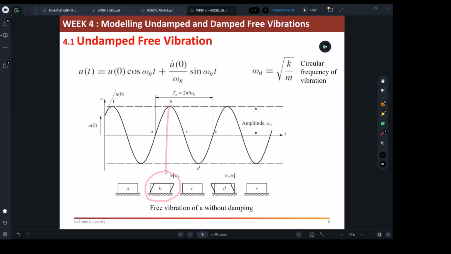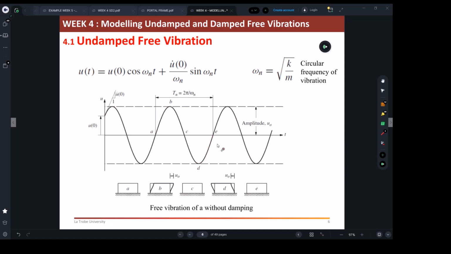So you can see it reached the maximum displacement towards the right. And here you can see you got the displacement, which is there as well. So this is the maximum amplitude, which is given here as U0. Then when it goes down to C, we're going to be here, back to 0. Then when it goes to D, it's going to be almost as far as it can to the left. Then when it's going to go.